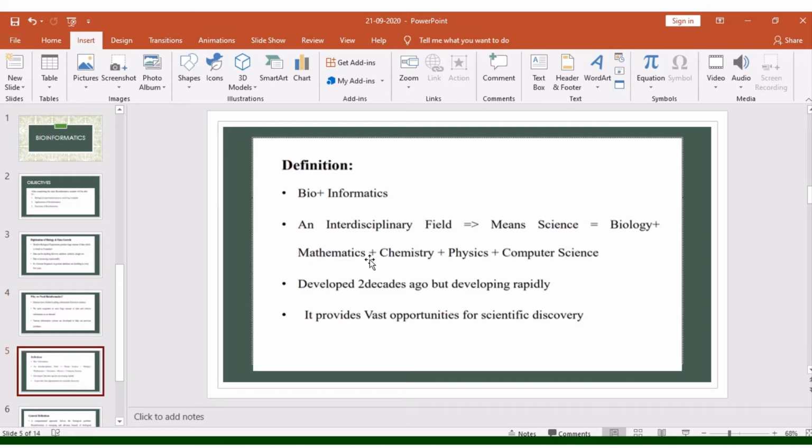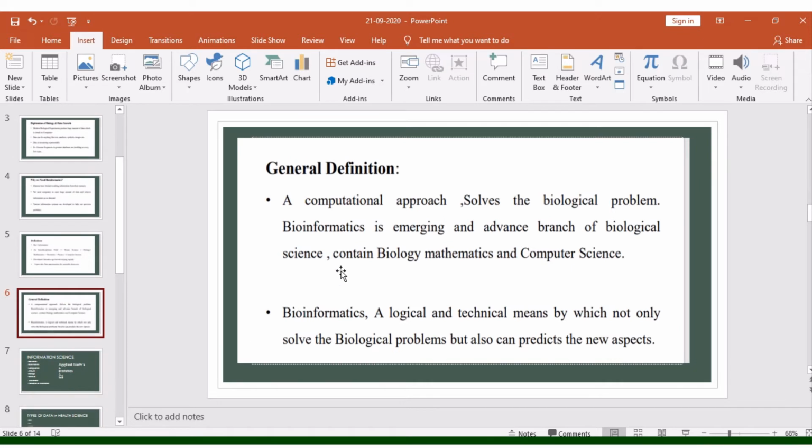This is the simple definition I mentioned earlier: bio plus informatics, that is biological science combined with mathematics, chemistry, physics and computer science, which together produce information. A general definition: computational approaches solve biological problems.